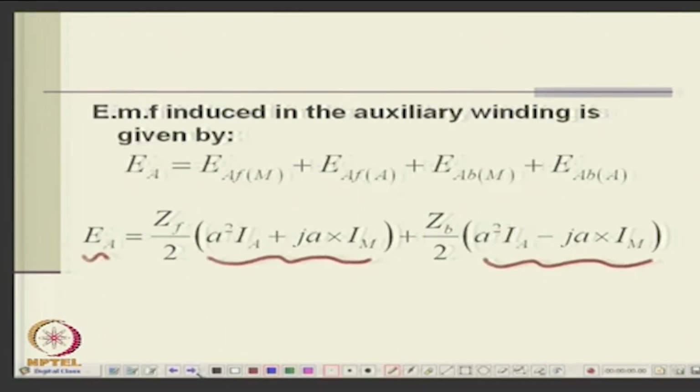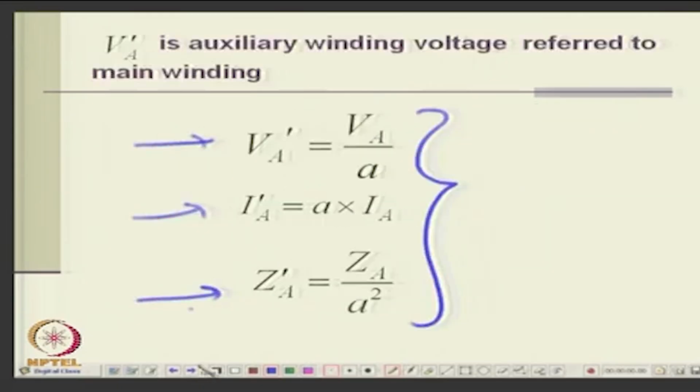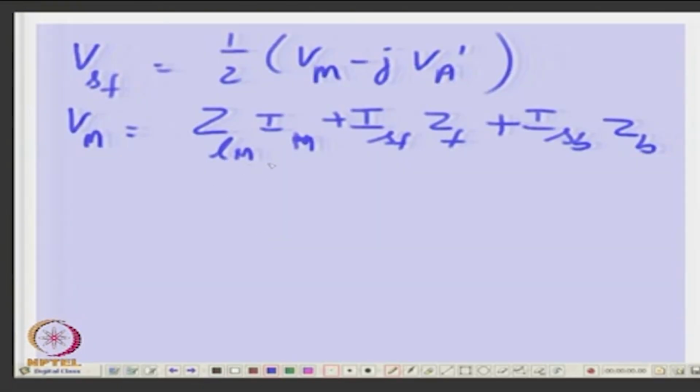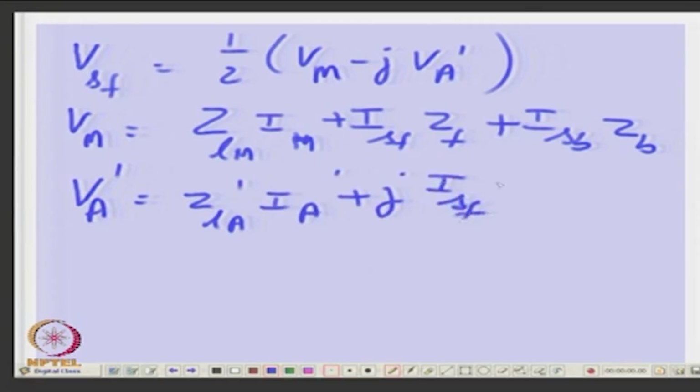So, you can try to get that equation. So, Z_lm I_m plus I_sf Z_f plus I_sb Z_b, and we can write V_a dash will be Z_la dash into I_a dash plus j times I_sf Z_f minus j times I_sb Z_b. Okay, this you can easily get. You know the V_m and V_a equations, and with these transformations you can have this.